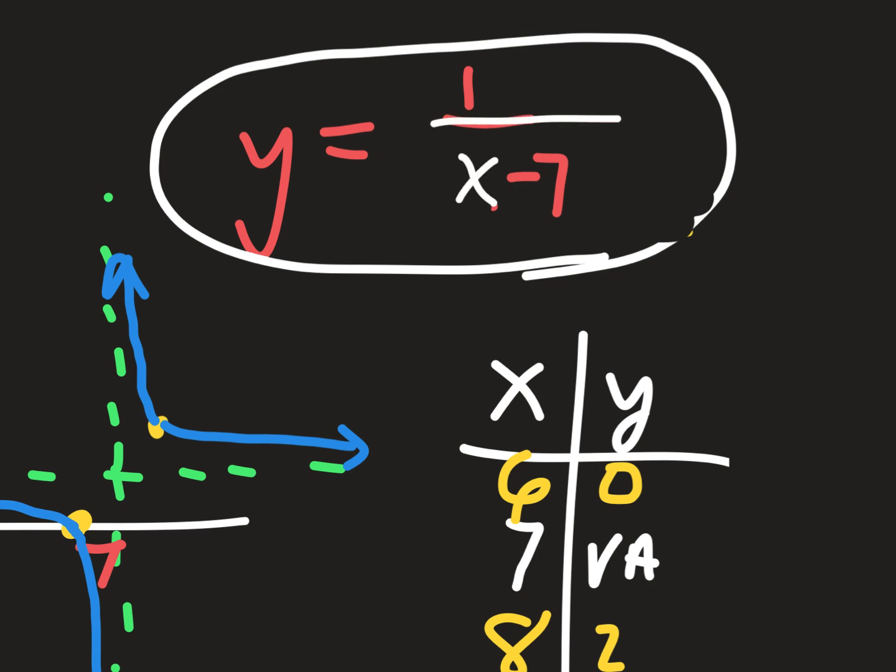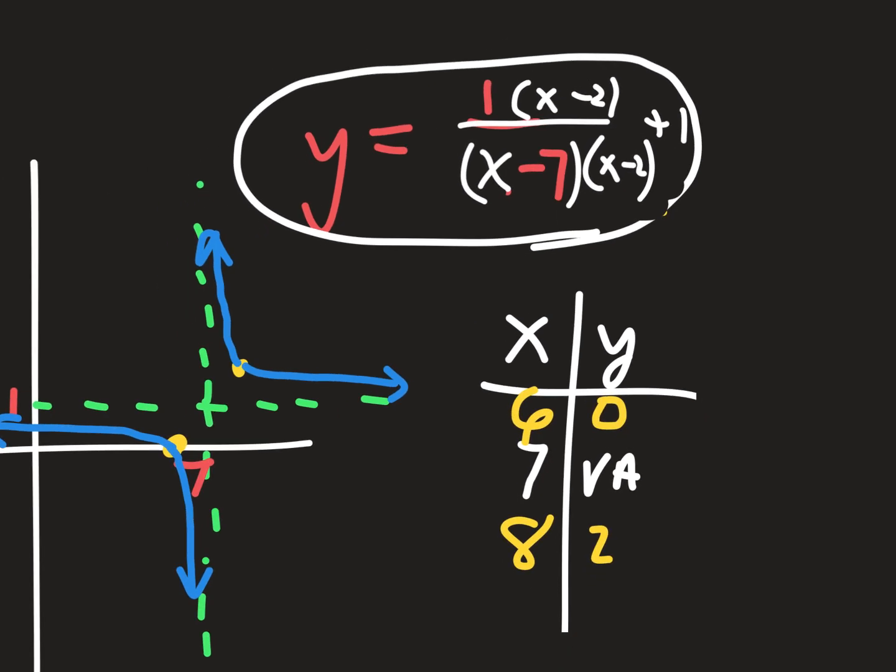Still has the x minus 7, still has the plus 1 over here, but it has an x minus 2 and an x minus 2. I know, I just changed the problem on you, but that's more realistic to what the test is like, because they'll probably have a hole. So, adjust your graph now to reflect what I just did.